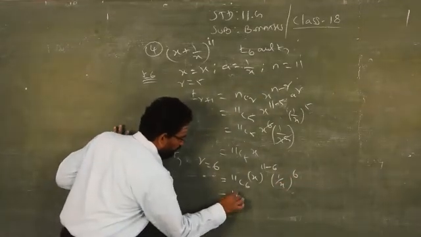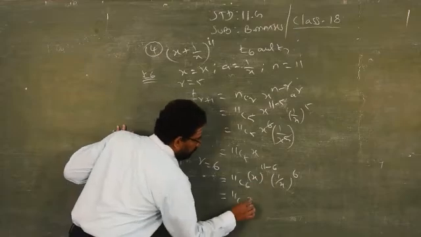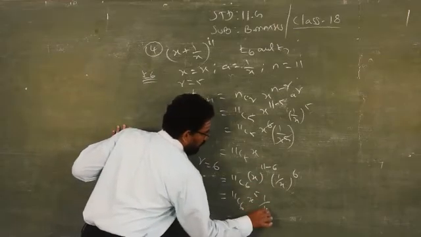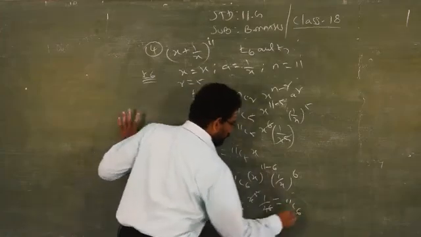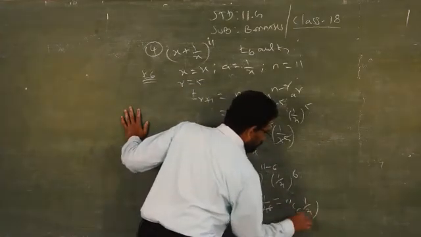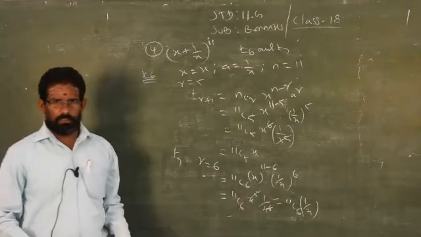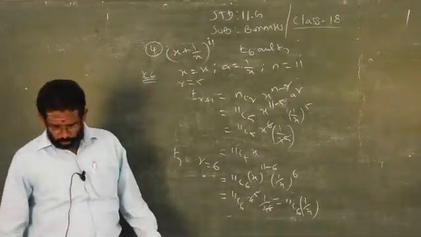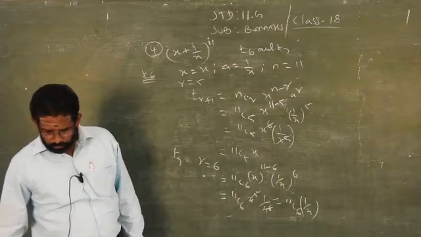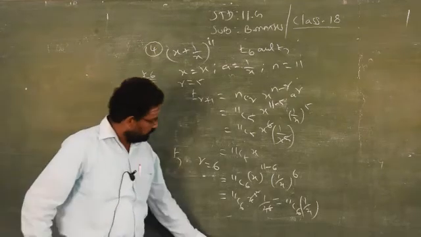Just simplify x power 5 and 1 by x power 6. Eliminated, we will get 1 by x. So, that is all. These are the middle terms to find in the binomial sequence. So, now we will go to, this is for even.